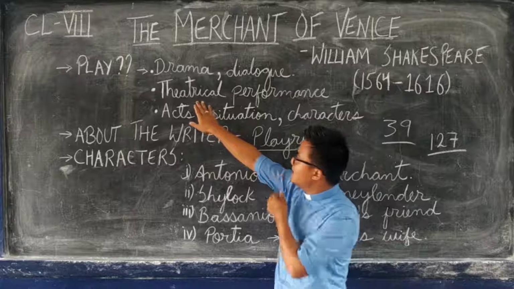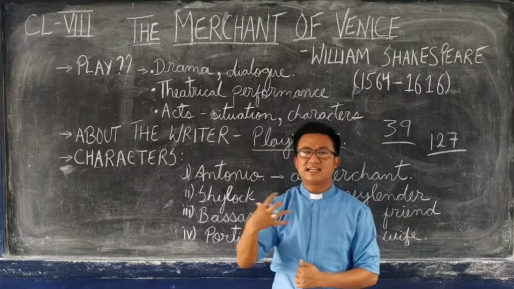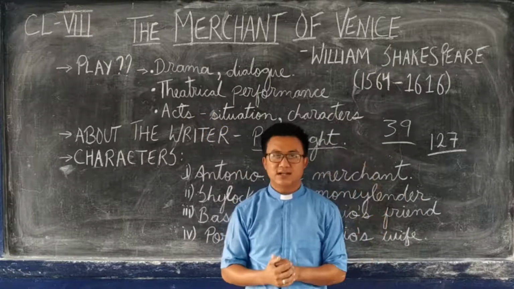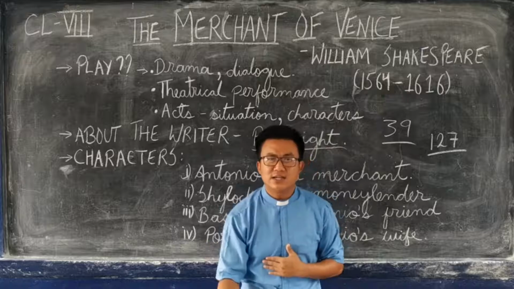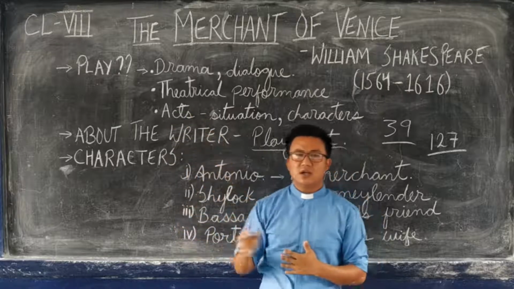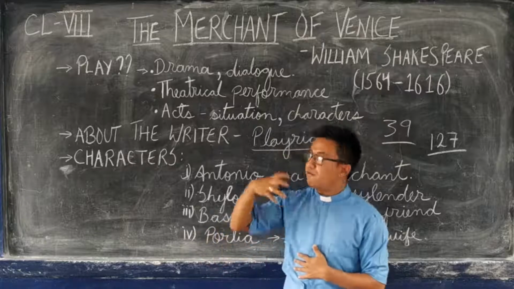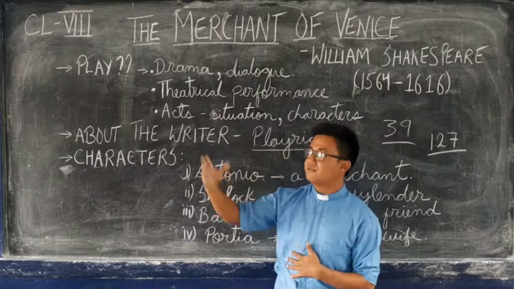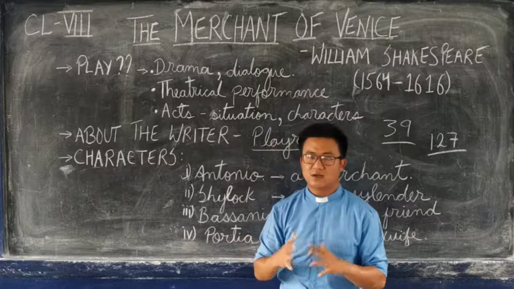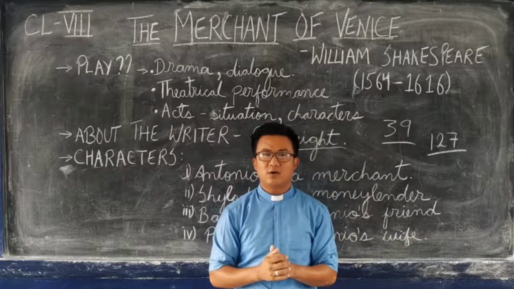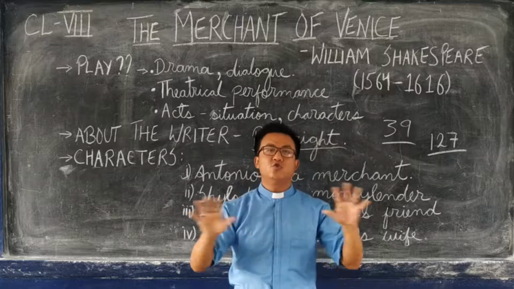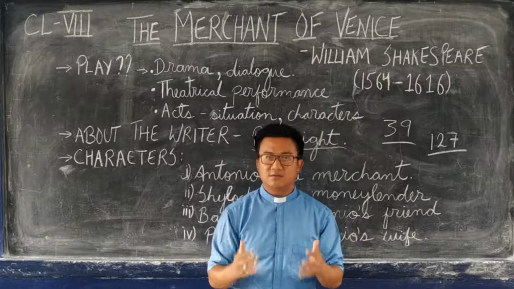And secondly, what is the purpose of writing plays originally? Originally, plays were written not just in a book to read, but they were written to be performed on stages of theatres. In those days there were no cinema halls like we have today.